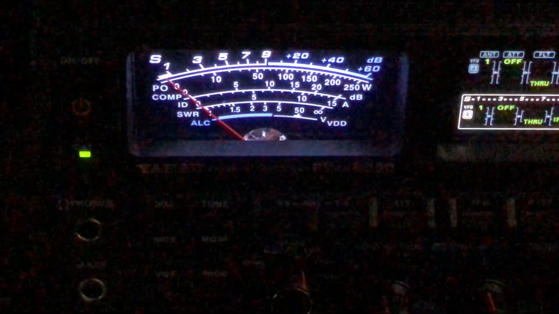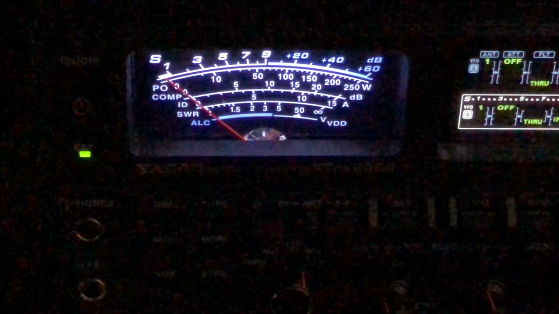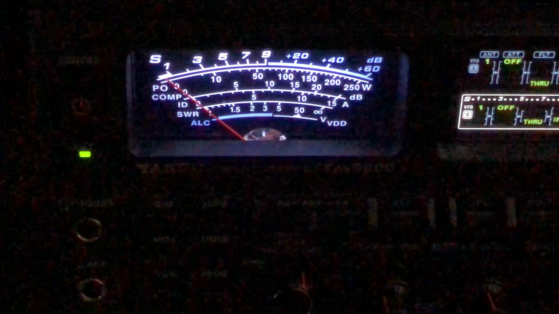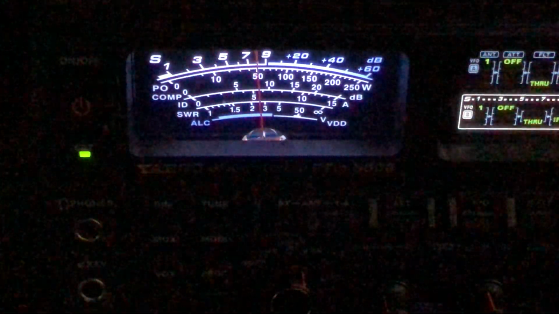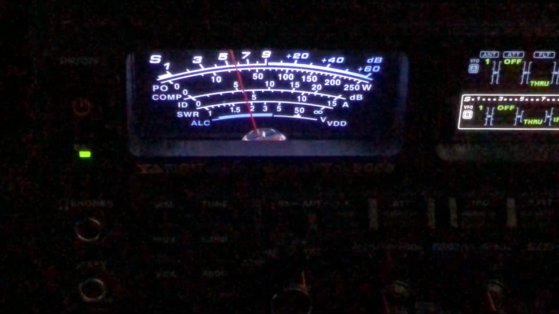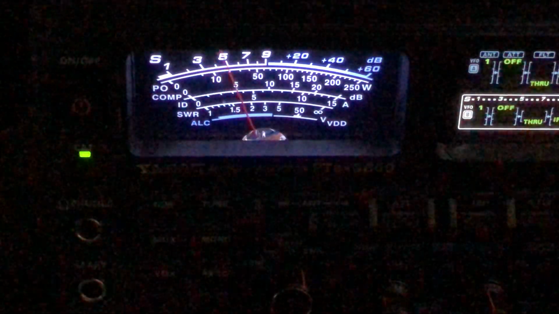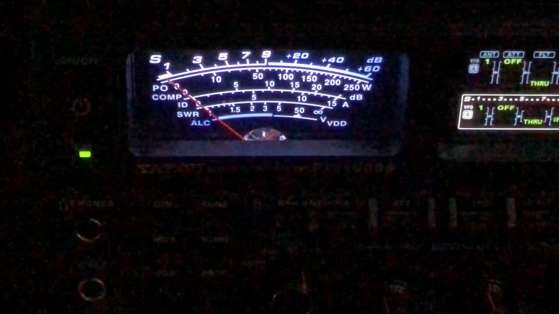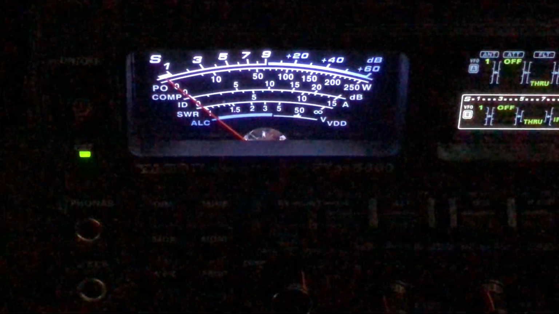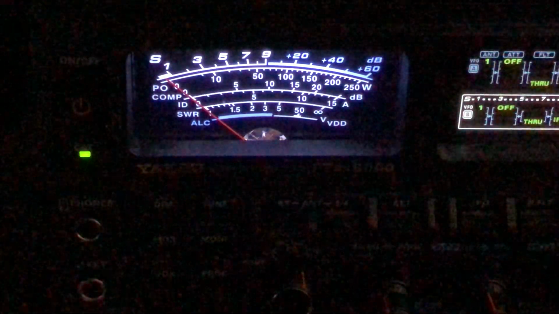Well, let's try the 40 meter band. Well, he's not all that weak either. Oh, there's one. He's barely moving the meter, look at that.